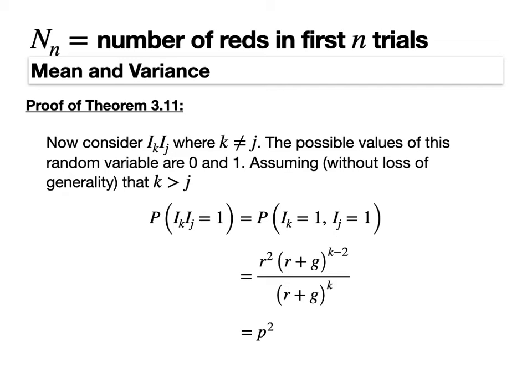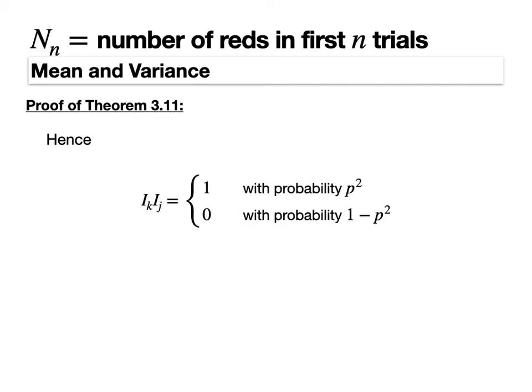And then we would have, of course, in the bottom, the total sample space size would be R plus G to the k, because you have R plus G choices for the first ball, R plus G choices for the second ball, and so on, all the way out to ball number k. And then if you just cancel that out, you find that that's just p squared. So that means that I_k times I_j is 1 with probability p squared.